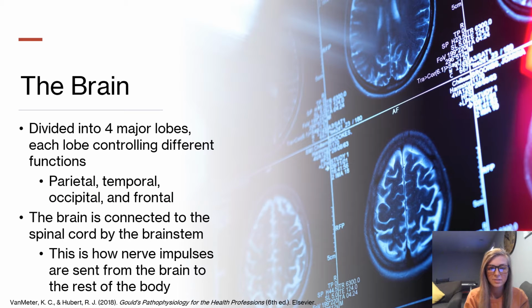The brain can be divided into four major lobes. Each lobe controls a different function: the parietal lobe, the temporal lobe, the occipital lobe, and the frontal lobe. The brain is connected to the spinal cord by the brainstem, and this is how nerve impulses are sent from the brain to the rest of the body to initiate certain responses.